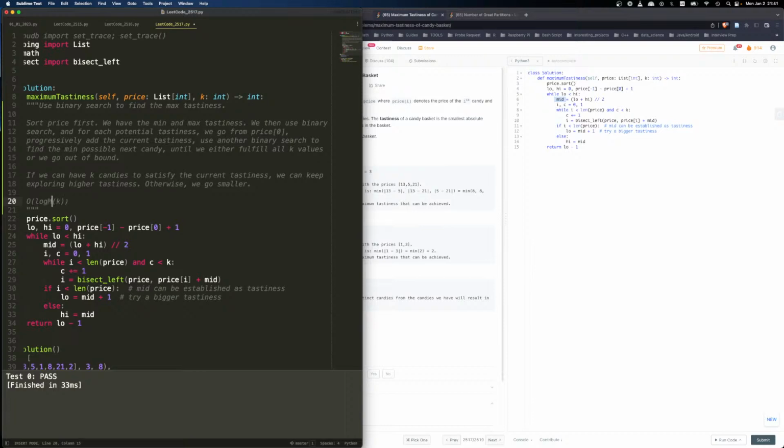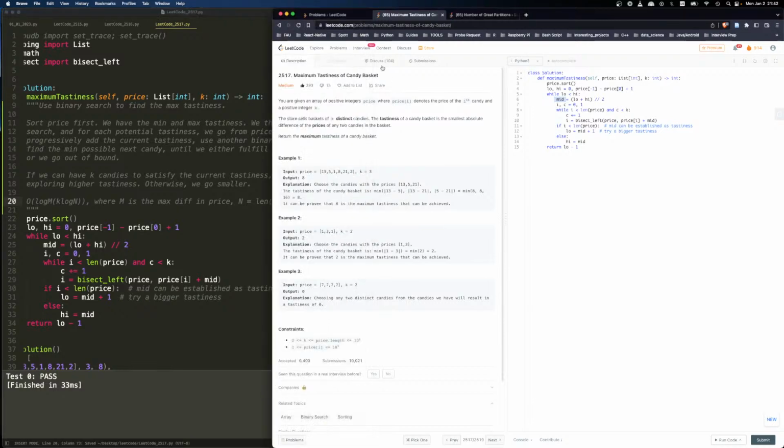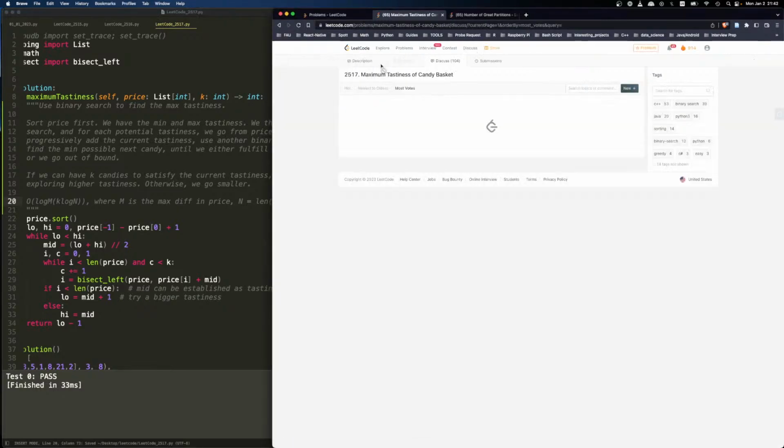I can call it log m, k log n, right, where m equals the max diff in price, n is len price, and k is k. Okay, so this is kind of how I do it. What do other people say?